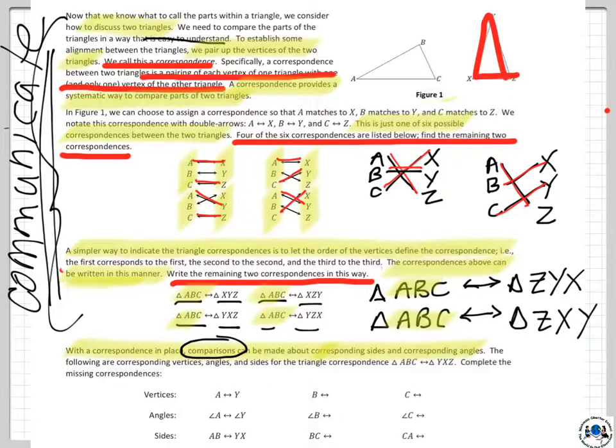Okay, so the following are corresponding vertices, angles, and sides for the triangle correspondence of triangle ABC corresponds to triangle YXZ. So complete the missing correspondences.